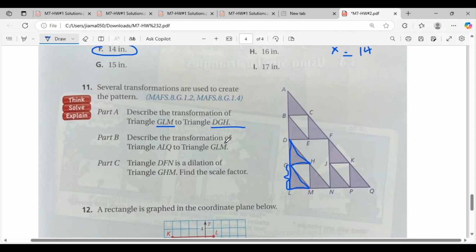part B. Describe the transformation of triangle ALQ to triangle GLM. ALQ.